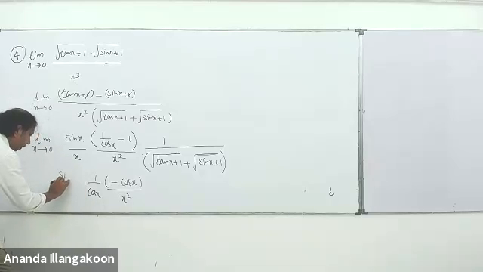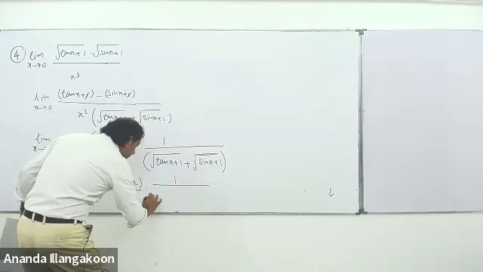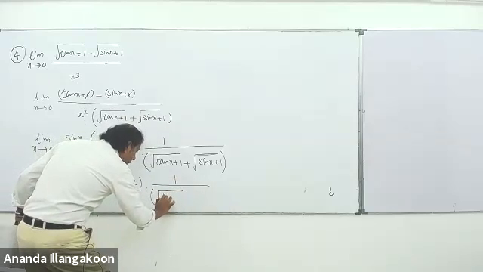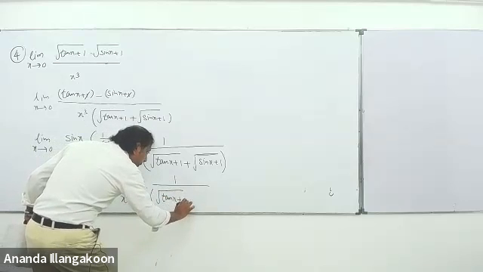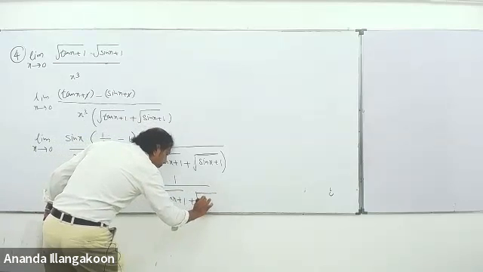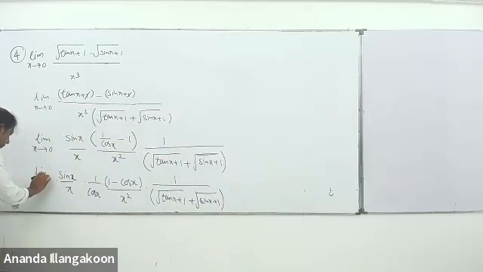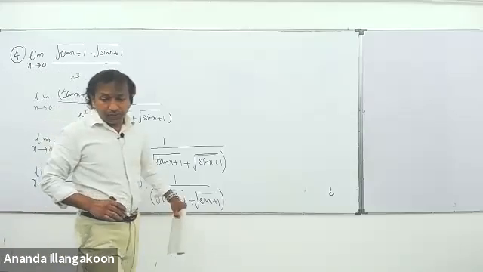And the sin x upon x I write here. This one I write here: root of tan x plus 1 plus square root of sin x plus 1. Here limit x going to 0. Up to here, I think you can clearly understand.